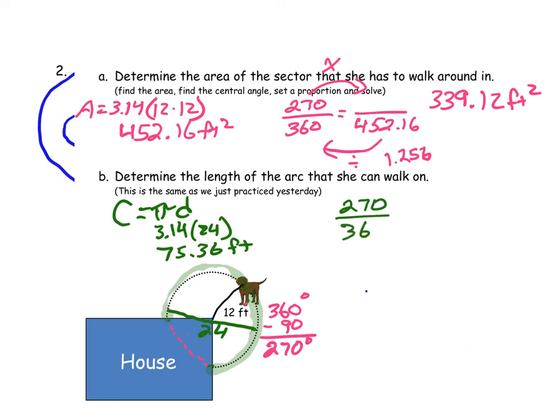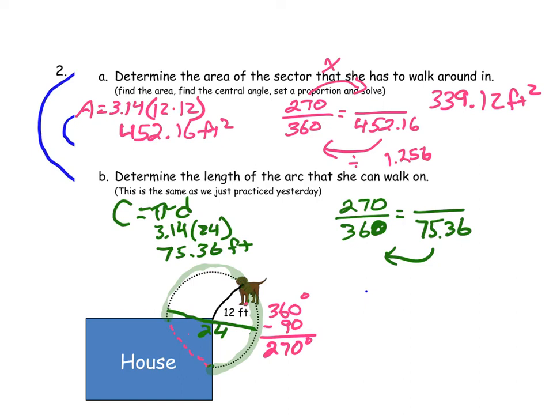I already know my central angle is 270 degrees, so now I can find my arc length. 270 over 360 equals, I'm looking for the part on the top, but the whole circumference is 75.36. Okay. Going to divide to find my connecting number. 75.36 divided by 360.